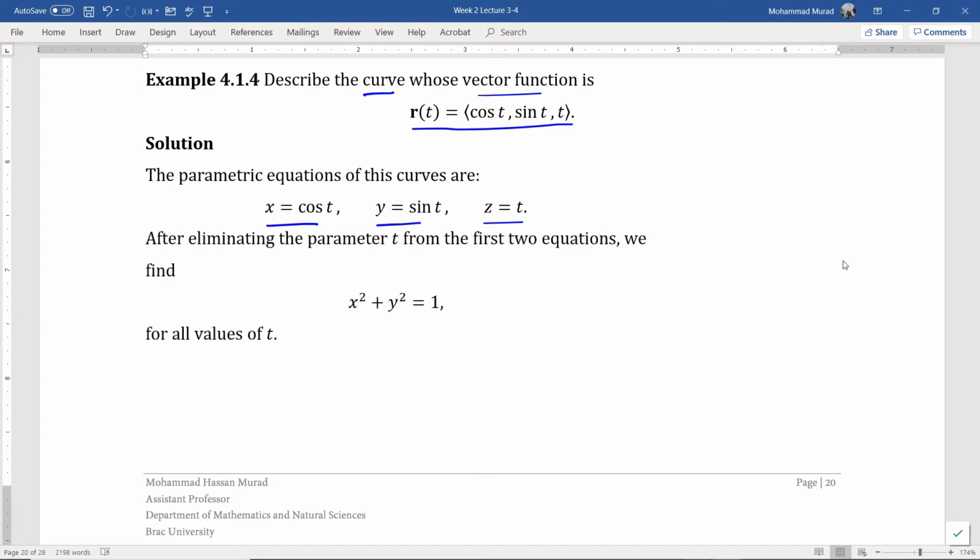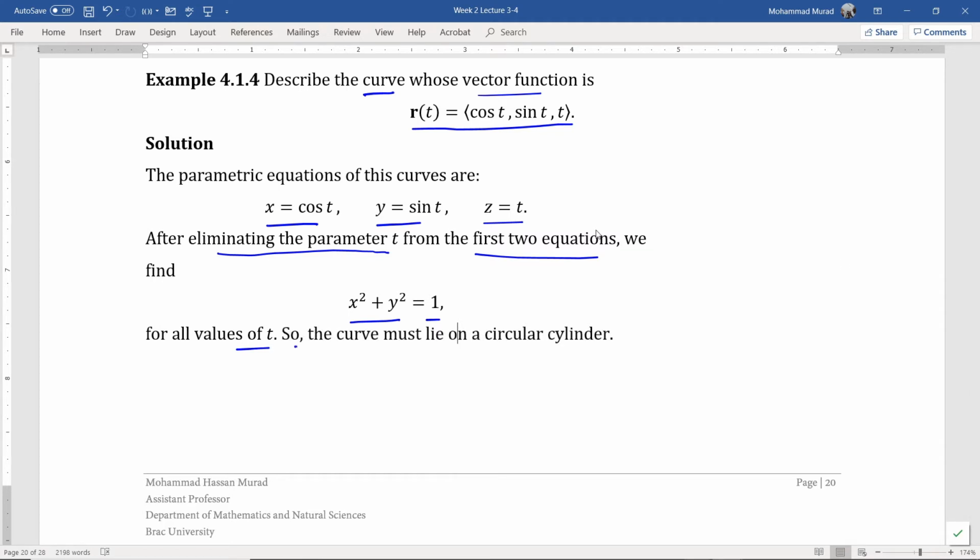Now, after eliminating the parameter t from the first two equations, we find x squared plus y squared equals cosine squared t plus sine squared t, which gives us 1 for all values of t.